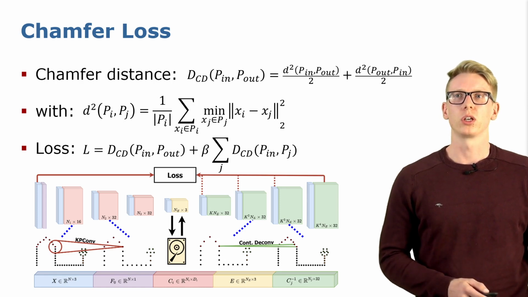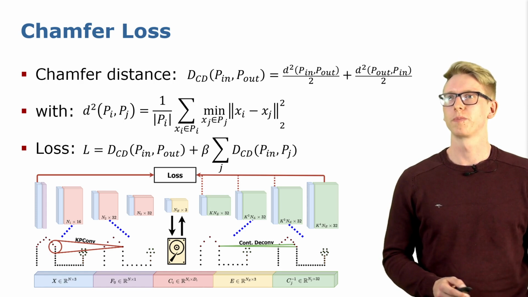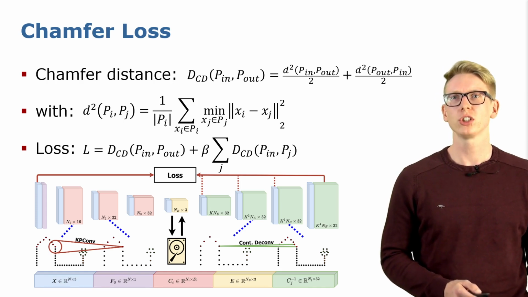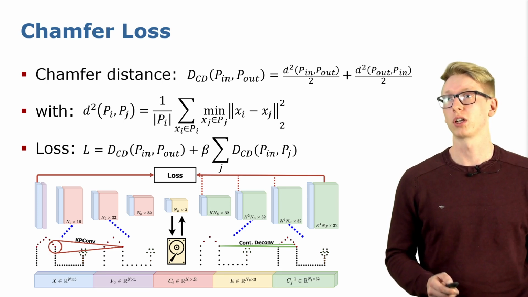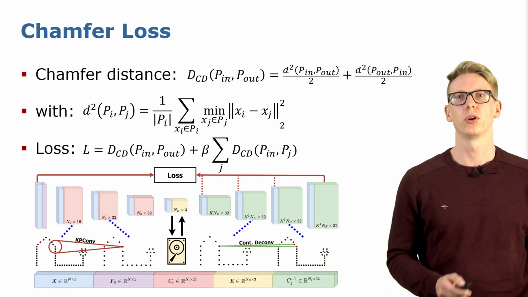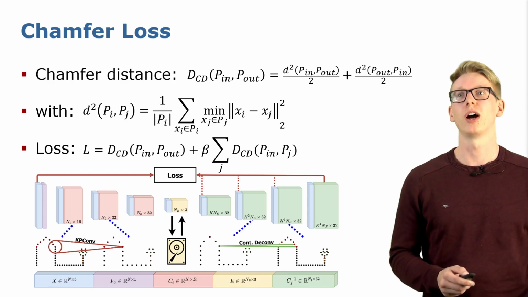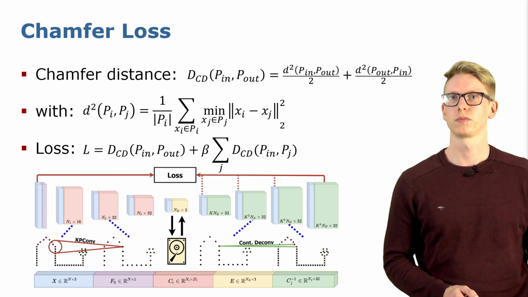For restoring the point cloud at a high quality, we use the chamfer distance as our loss function. The chamfer distance is the average squared distance between each point and its closest point in the other cloud. Computing this distance symmetrically for both point clouds punishes the network for either filling the whole space or leaving away certain areas.